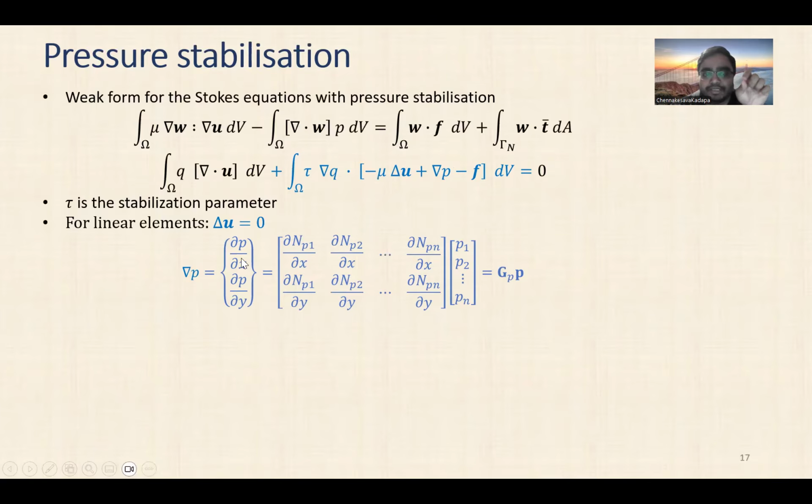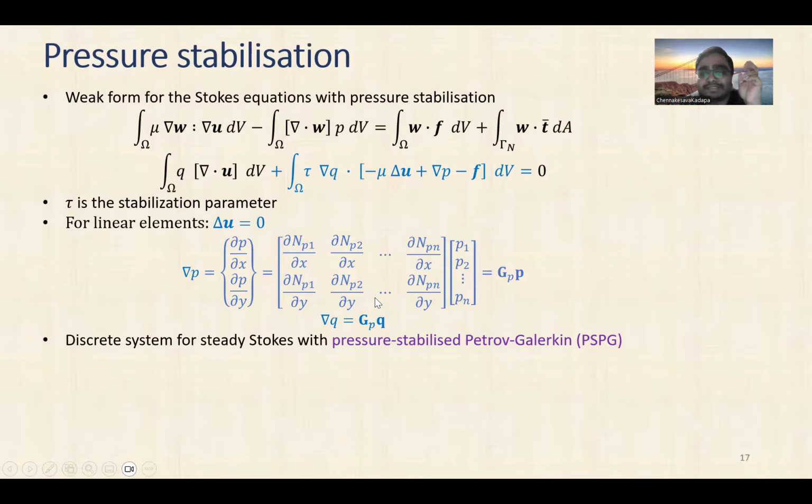For that we need del P and del Q. This is del P, and we already know the basis functions for P, NP1, NP2 and so on. By writing in this fashion we have our gradient matrix for P. And since we use the same approximation for Q, we have del Q equal to GP Q. Then by substituting this discretization into the weak form, we get the pressure stabilized Petrov-Galerkin formulation.